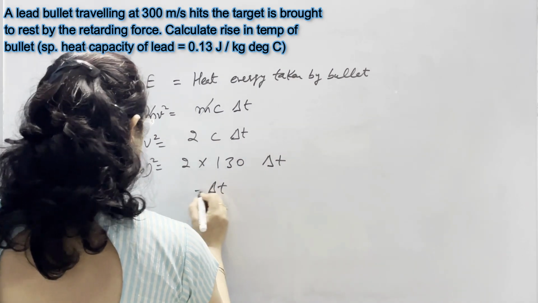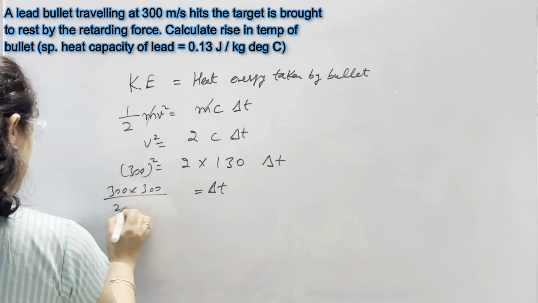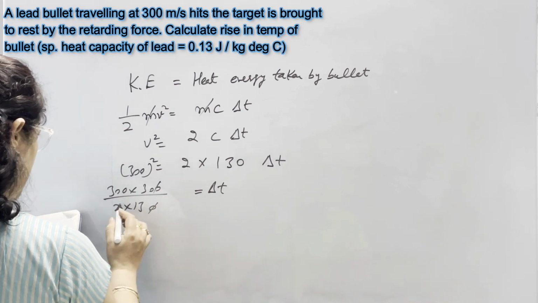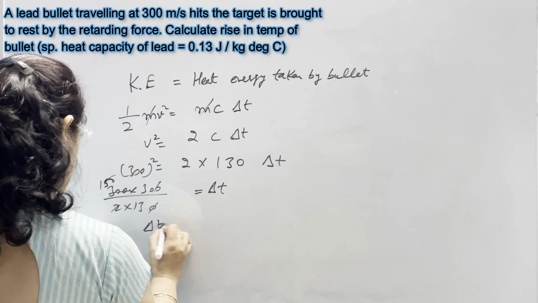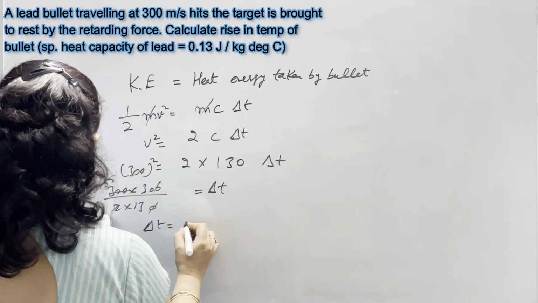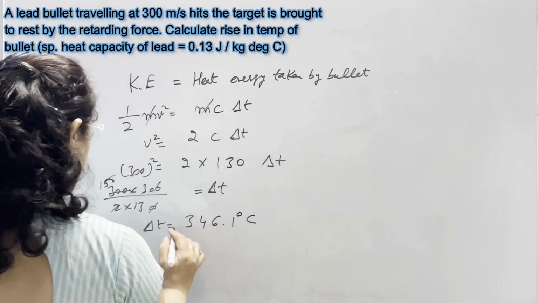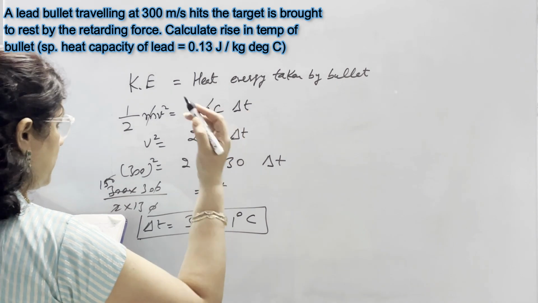So value of delta t is equal to 300 into 300 divided by 2 into 130. So delta T is equal to 346.1 degree Celsius. This is the rise in temperature of the bullet.